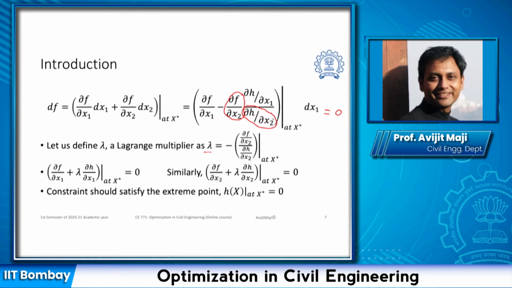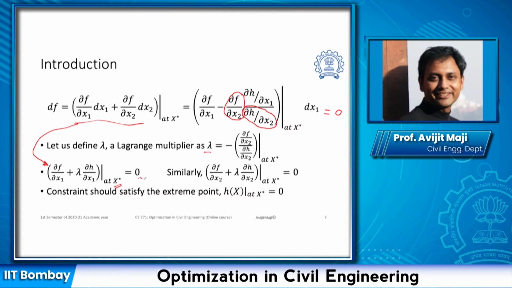If we consider this as lambda, then we can easily write this equation in the form of lambda and the other two partial derivatives, and at the optimum point x star, this is going to be equal to 0.